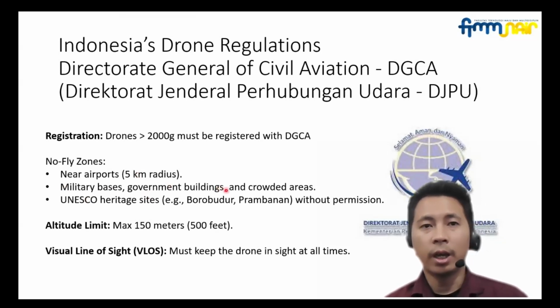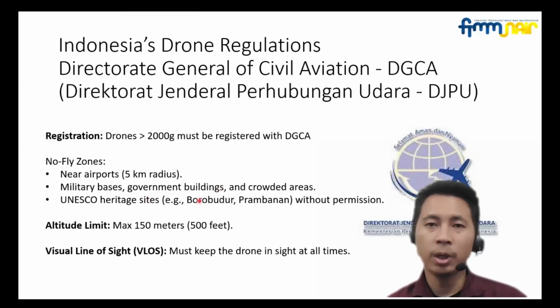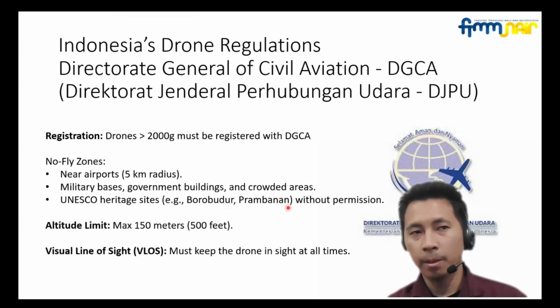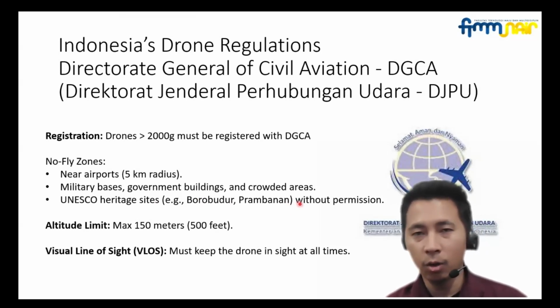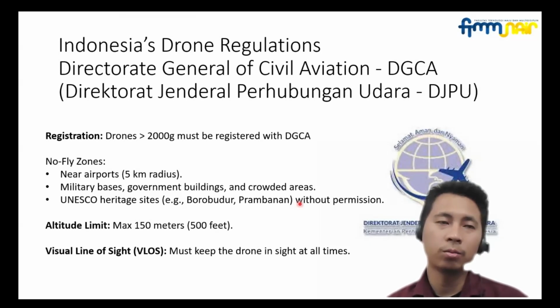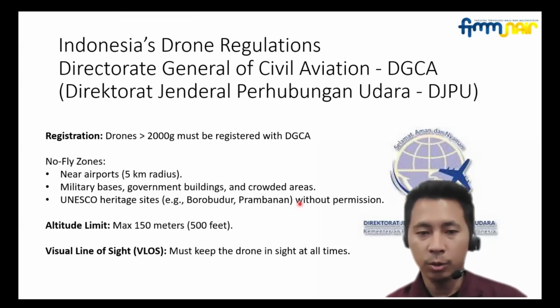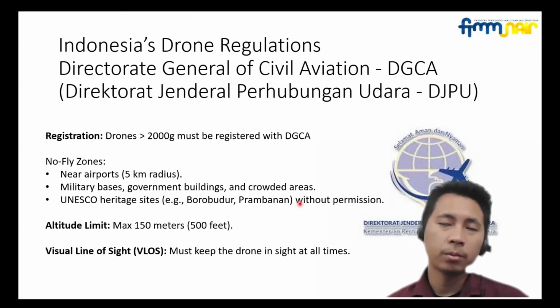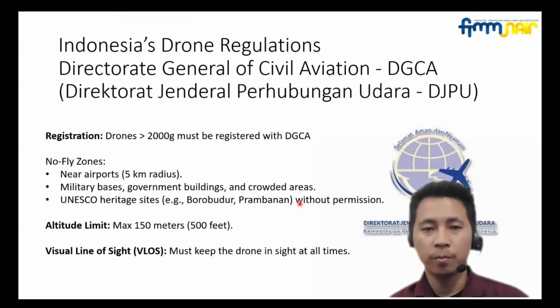Also heritage sites like Borobudur and Prambanan without permission. Other than that, private areas are also no fly zones as well. So sometimes you have to get a permit from the authorities for flying drones.